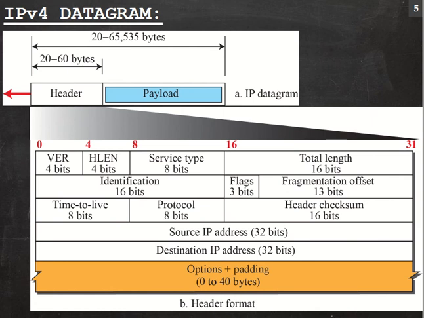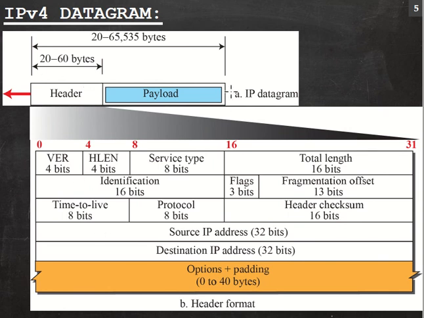So all this is about the header. In this header we have all this data: version, header length, service type, total length, identification, flags, fragment offset, time to live, protocol, header checksum, source IP address, destination IP address, and options with padding. All this data will be embedded in this header.